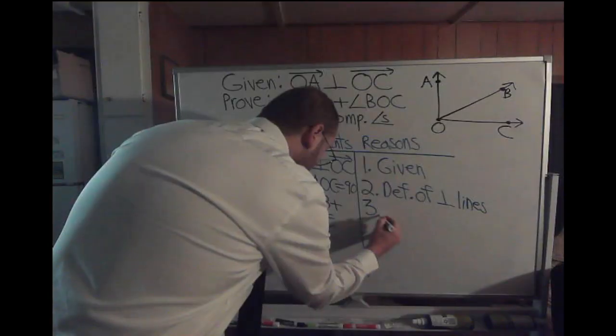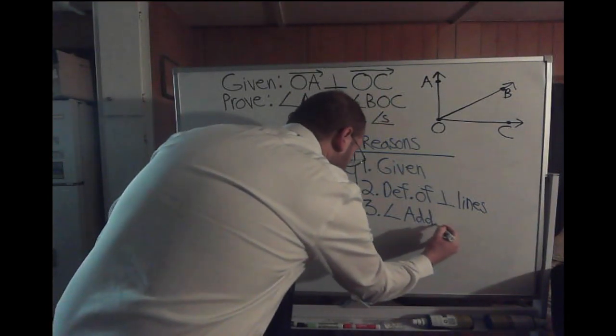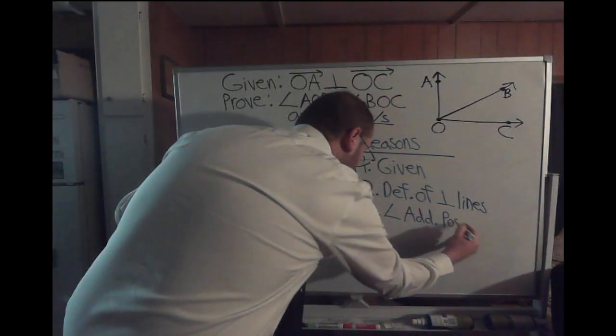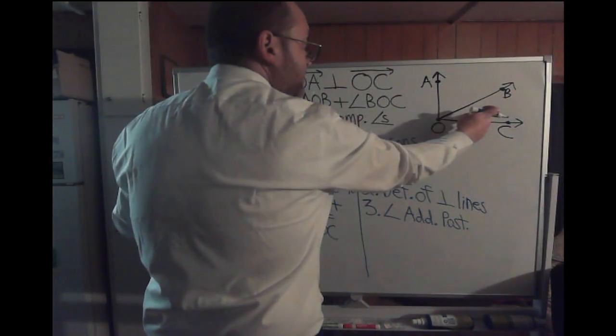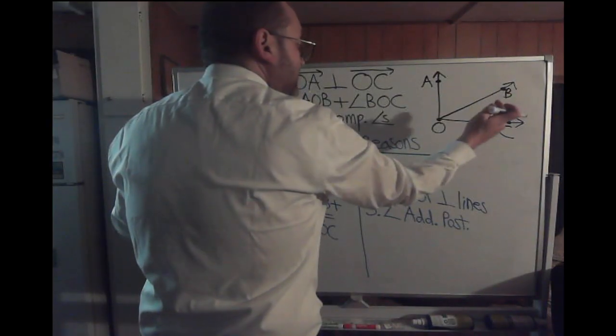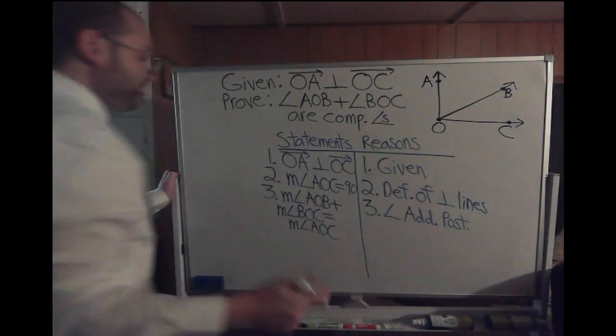This is simply by the angle addition postulate that we've learned already. By the angle addition postulate, the measure of angle AOB plus the measure of angle BOC equals the measure of angle AOC.